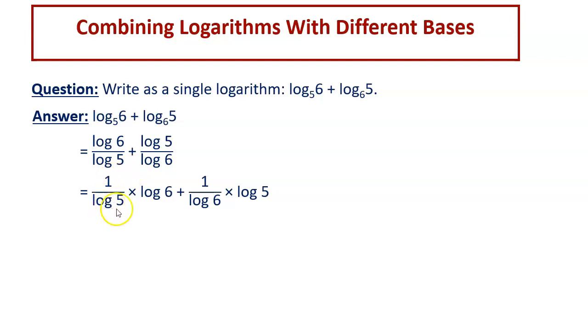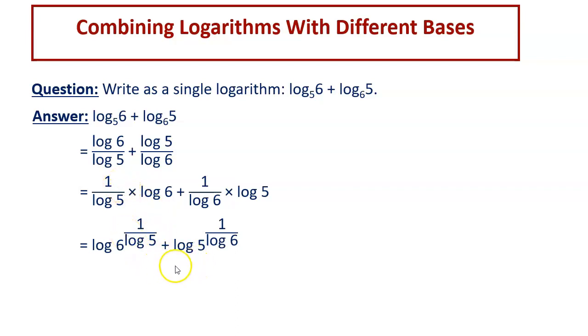Therefore, first of all, we have separated the coefficients of both the terms, and then we will be taking these two to the powers of the 6 and 5. We will be writing 1 over log of 5 as the power of 6 and 1 over log of 6 as the power of 5. Why can we write this?